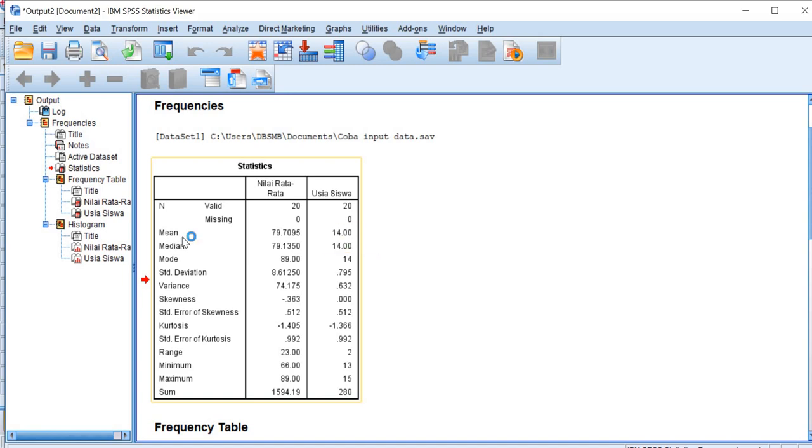The mean is the central score of the overall data. It shows the average score from our data, and we get 79.7095. And for the age, we get 14 years old.